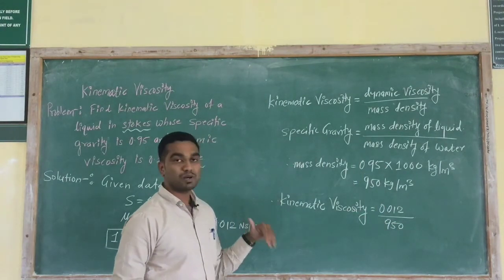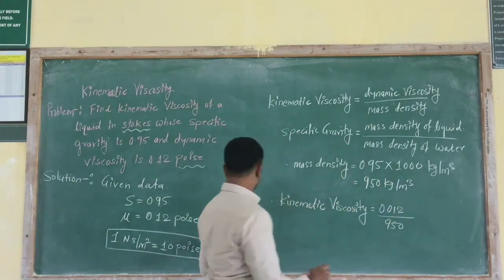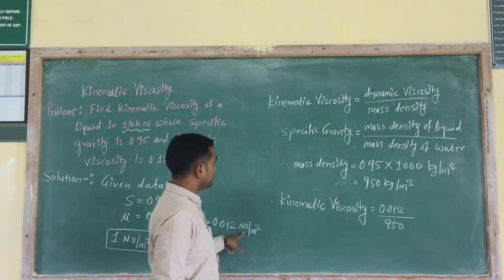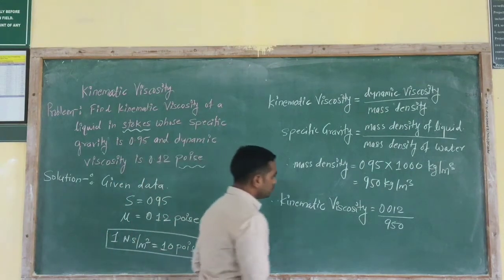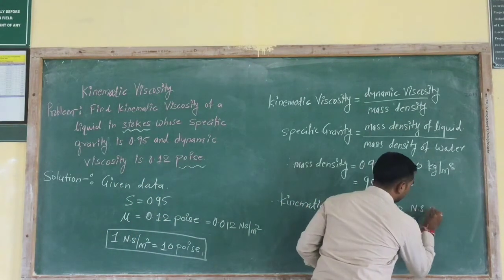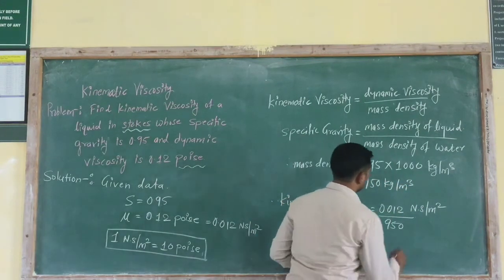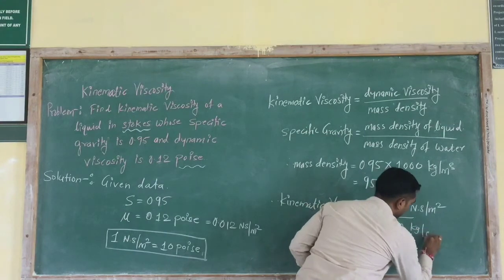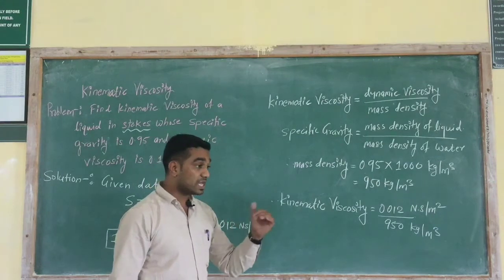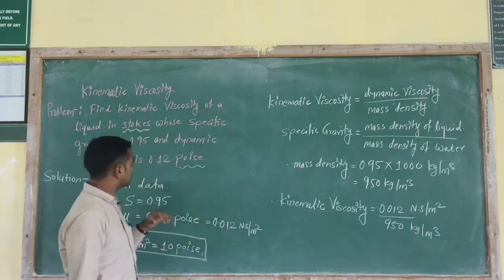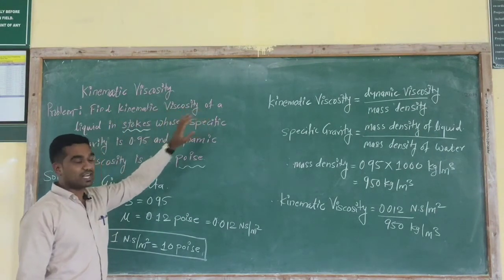Here the unit of dynamic viscosity is Newton second per meter square, and the unit of mass density is kg per meter cube.